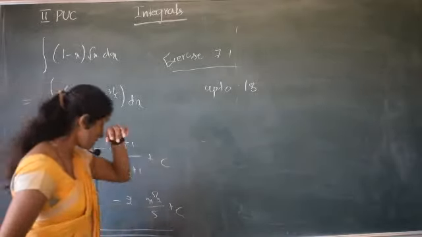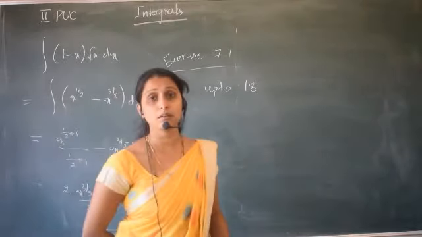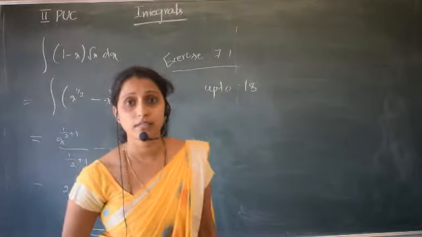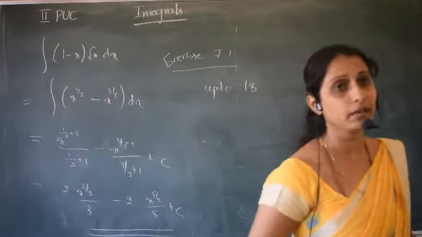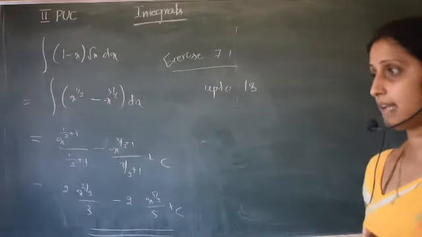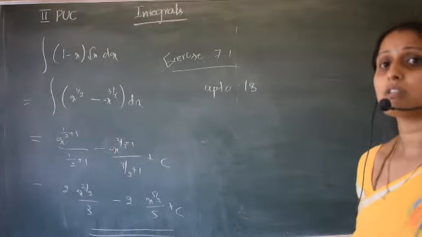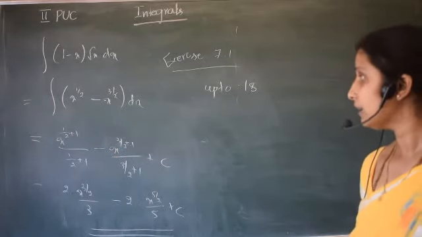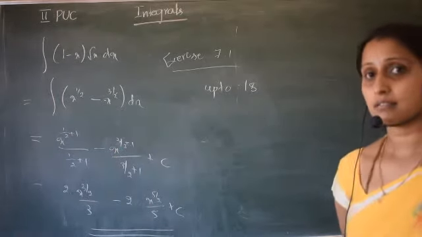So these are the problems. Not only these, we'll solve some other problems of the same kind. These are the main problems given in the exercise and examples. We'll solve some other problems also in the coming classes. Thank you.